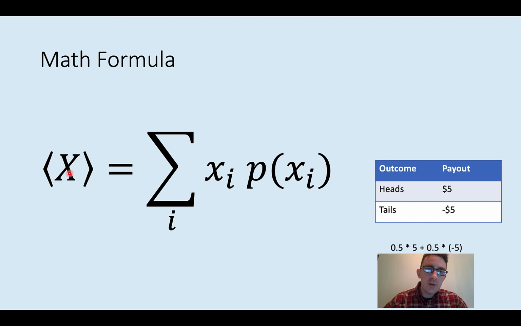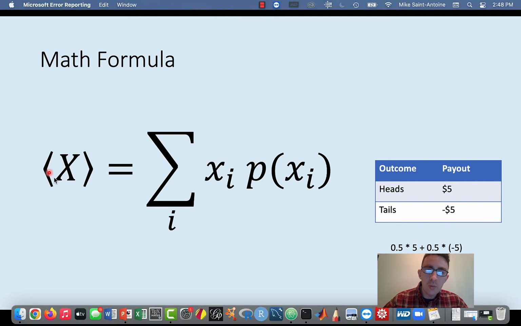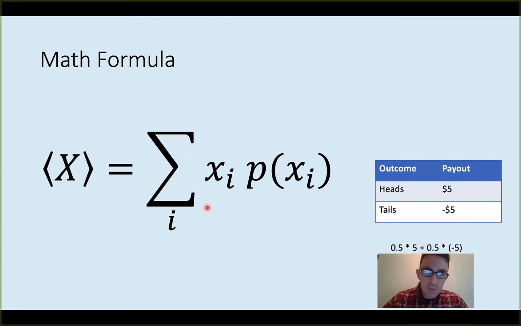We want the expected value of x, so we put it in these angle brackets, and then we sum up all of the possible values of our random variable. For each value, we multiply it by the probability of that value occurring.